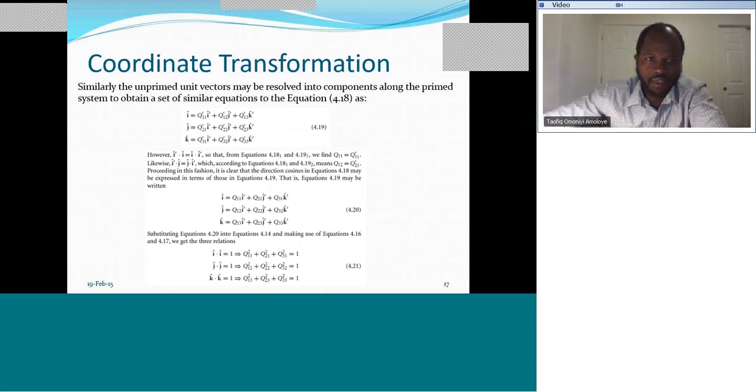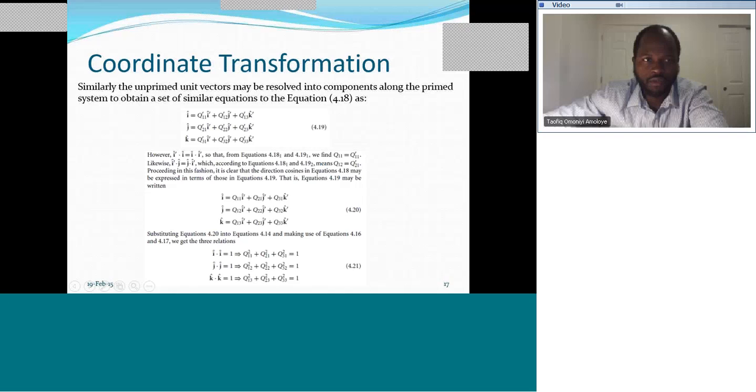Similarly, the unprimed unit vectors may be resolved into components along the primed system to obtain a set of similar equations to equation 4.18, as follows in equation 4.19.